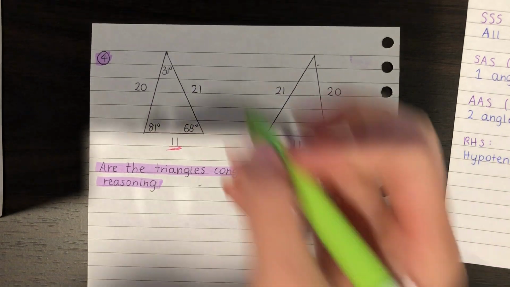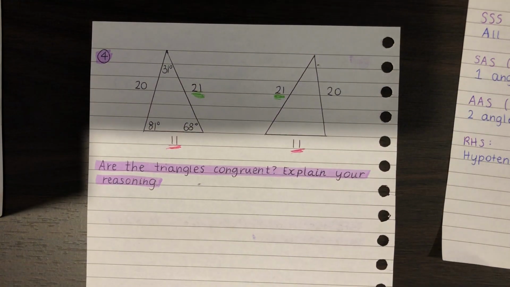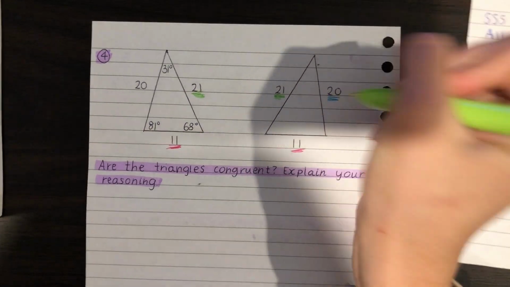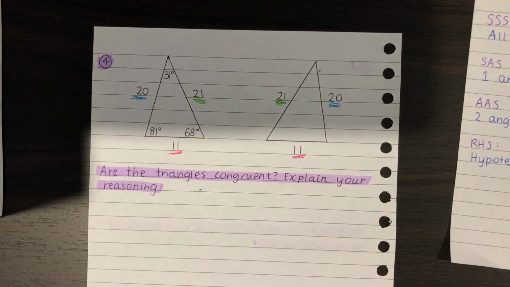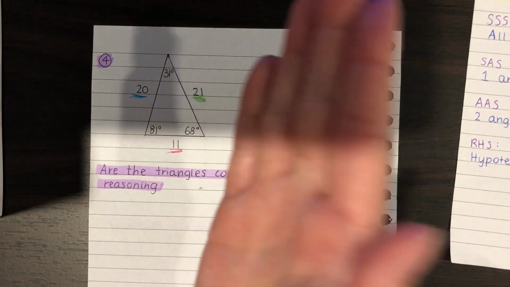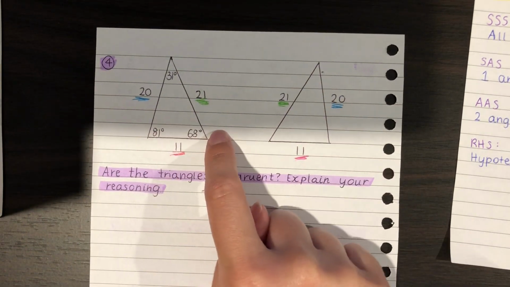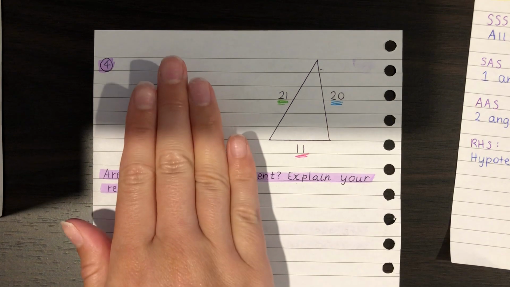So in actual fact, the 21 here corresponds with that side there, and the 20 here corresponds with that side there. Okay, because you're literally taking this triangle here and you're going like that, so that that slant and that slant side match up with one another.